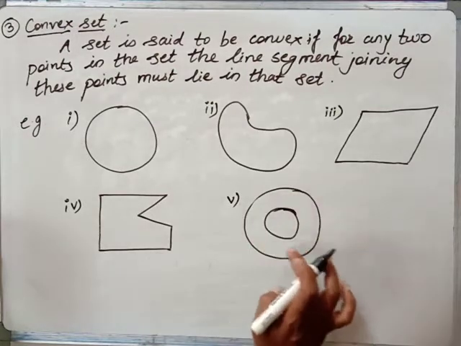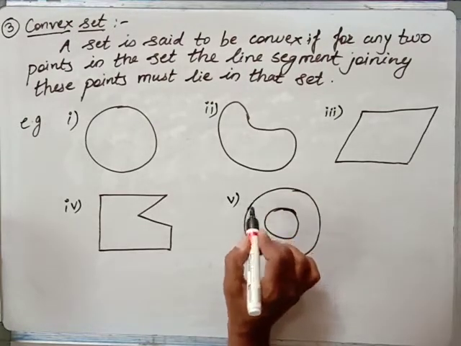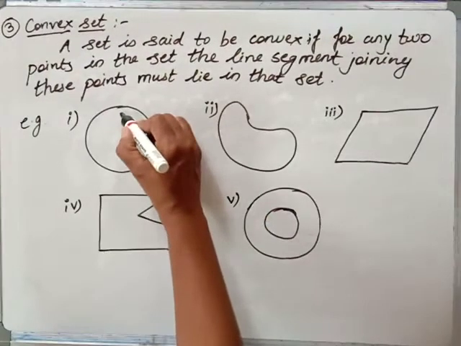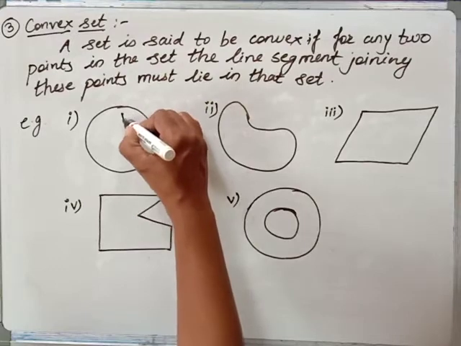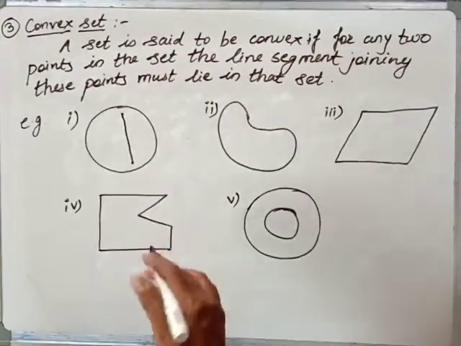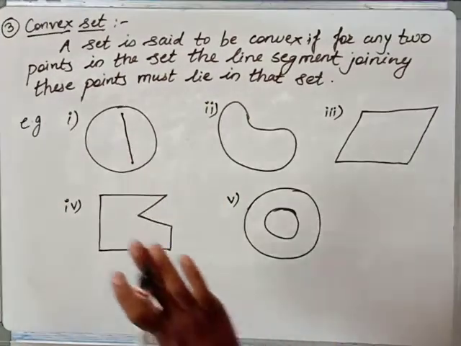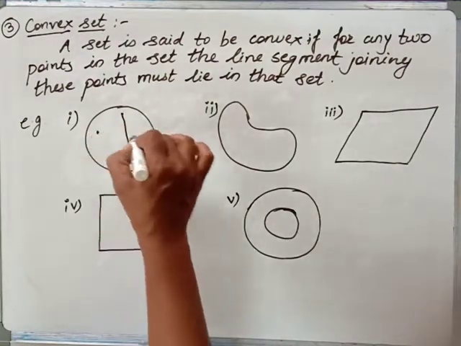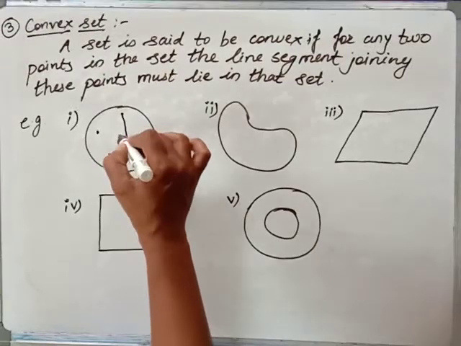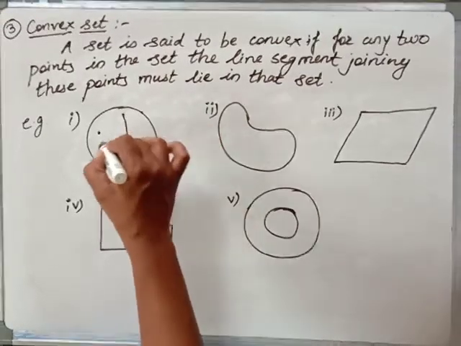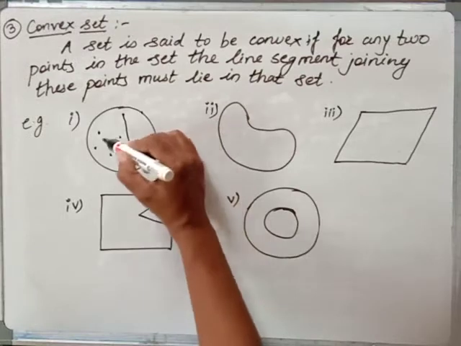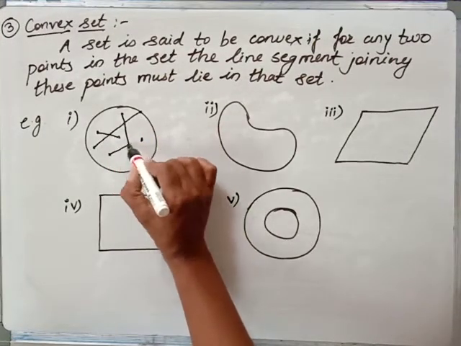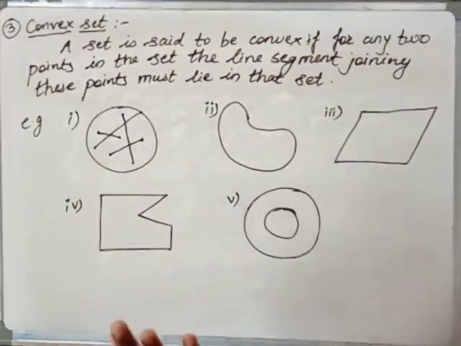Suppose this is our feasible region here. Now look at them. Any two points we take in this circle, and if I join them by a line segment, then that line segment lies completely in that circle. Whatever points we take, any two points, including points on the boundary and inside points, all lie in the same set. So this is a convex set.